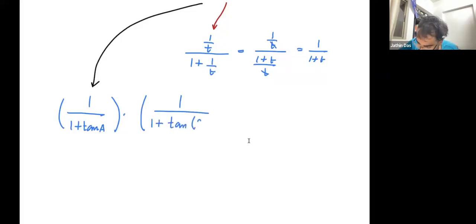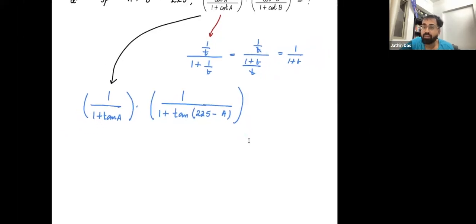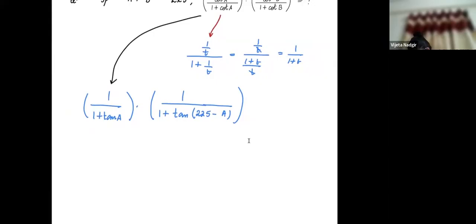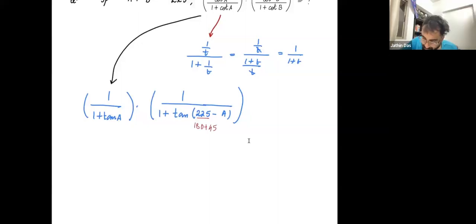Tan B, I can write it as 225 minus A. Correct. Now 225, you know it is 180 plus 45. So basically the angle is going to be like this.